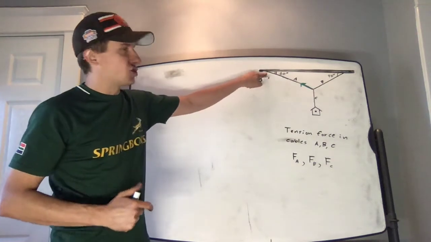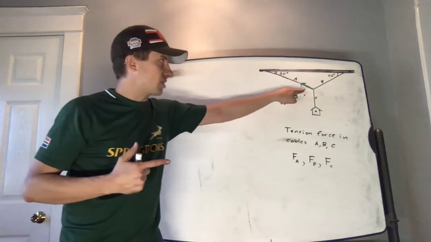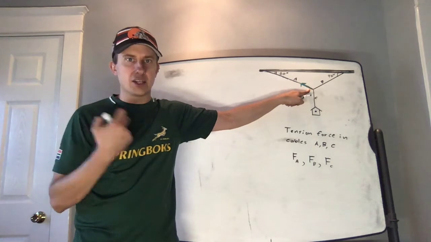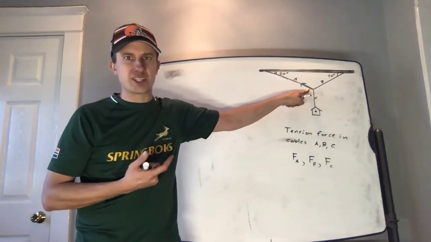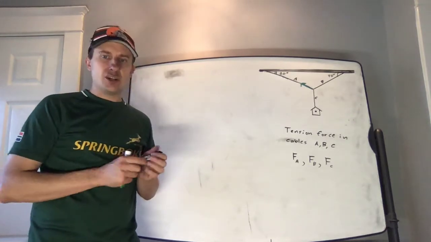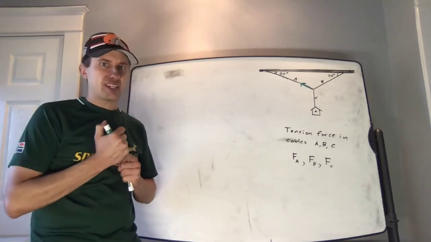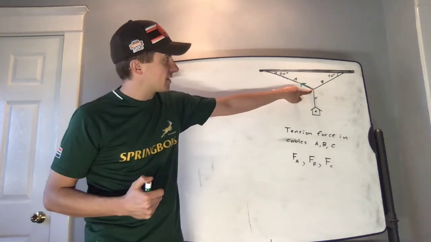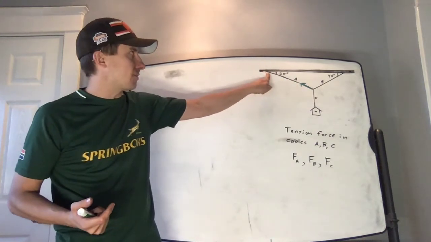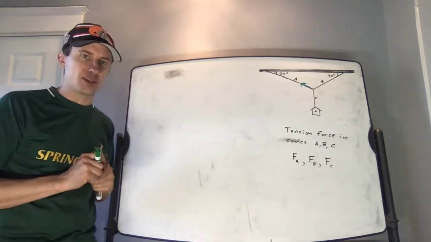So the down and to the right tension force on the horizontal bar is going to be the same strength as the up and to the left tension force on the ring or knot on these ropes. The other rule about tension is tension force can only pull, it cannot push. So if I'm pulling on the knot, that means I'm pulling up and to the left. If I'm pulling on the bar, that means I'm pulling down and to the right. And that tells me something about the direction of the tension force.